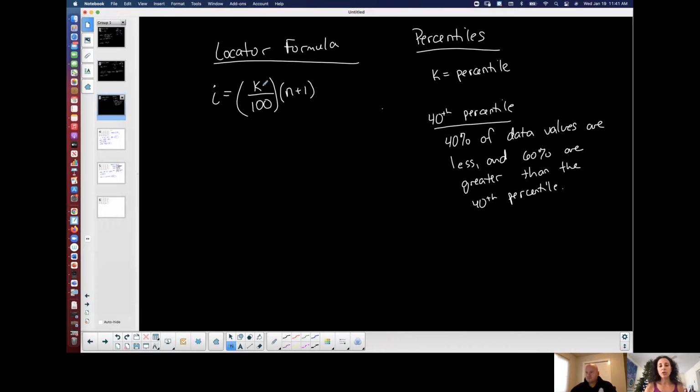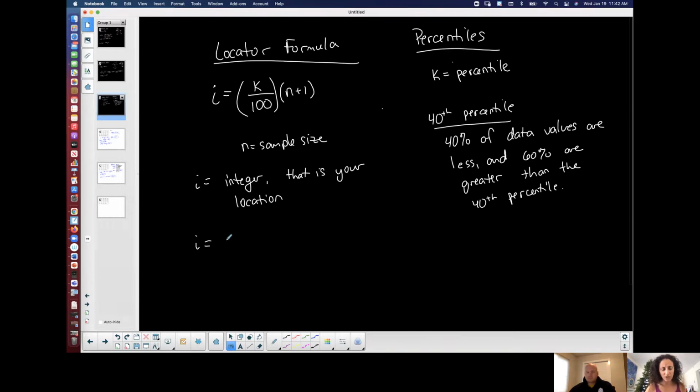So this is my little locator formula. This is the formula to find the location of a percentile. K is your percentile, N is your sample size, I is the location, and if I is an integer, that is your exact location.